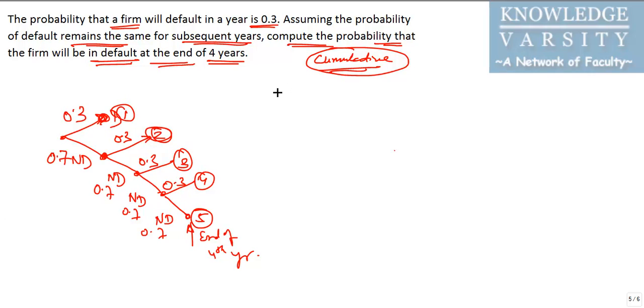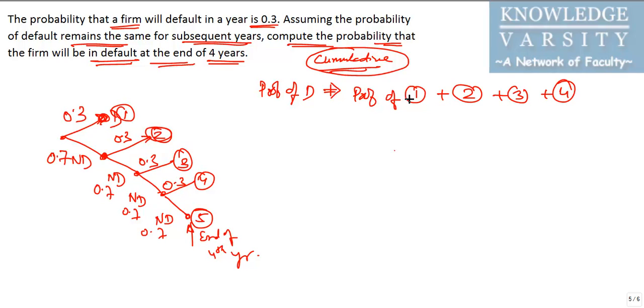So if I want to find out the probability of default, I have to compute the probability of node 1 plus the probability of node 2 plus 3 plus 4. Now you will find that this is a very cumbersome approach.